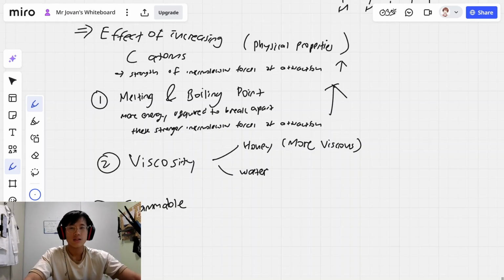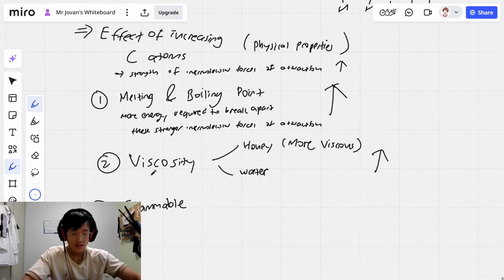Viscosity. Viscosity is also another property that depends on the strength of intermolecular forces of attraction. I want you to make a guess. If the strength of the intermolecular forces of attraction become higher, will it become more viscous or less viscous? More viscous. So viscosity increases as carbon atoms increase. Why?